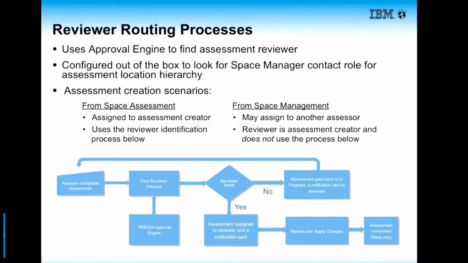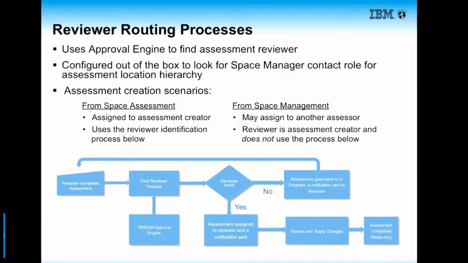If a reviewer is found, the assessment goes to the assessment completion state, a notification is sent to the reviewer, and the assessment is assigned to the reviewer for review. Then the manager will review the assessment and apply the changes. Then the record goes into assessment completed, and it becomes read-only.